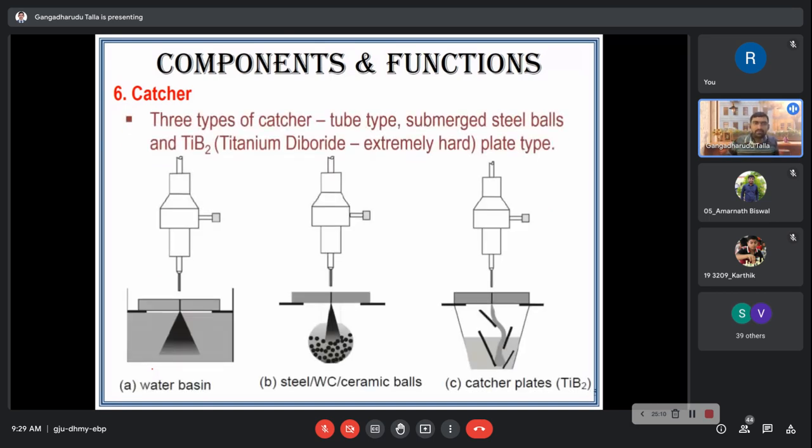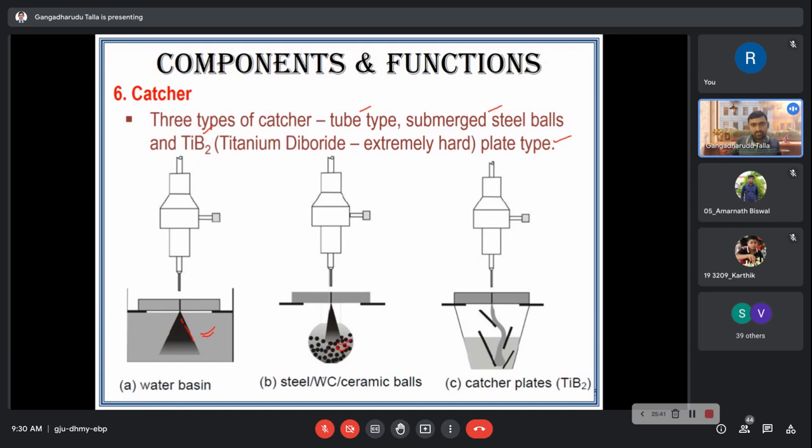Now there are different types of catchers here. One is a tube type, submerged steel balls, and a titanium diboride plate. That can also be used as the catcher. Now you can see if it is simple water, the jet is coming here and diverging in the water and it is losing its pressure. And sometimes to reduce the water velocity, you use some steel balls here.